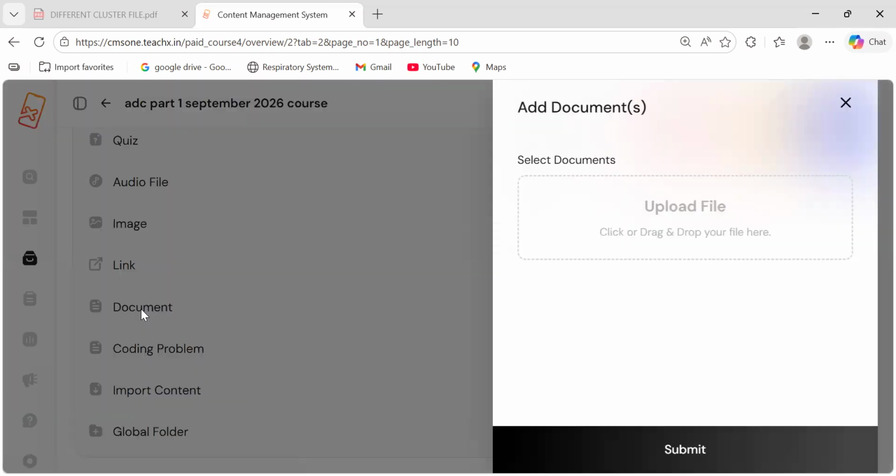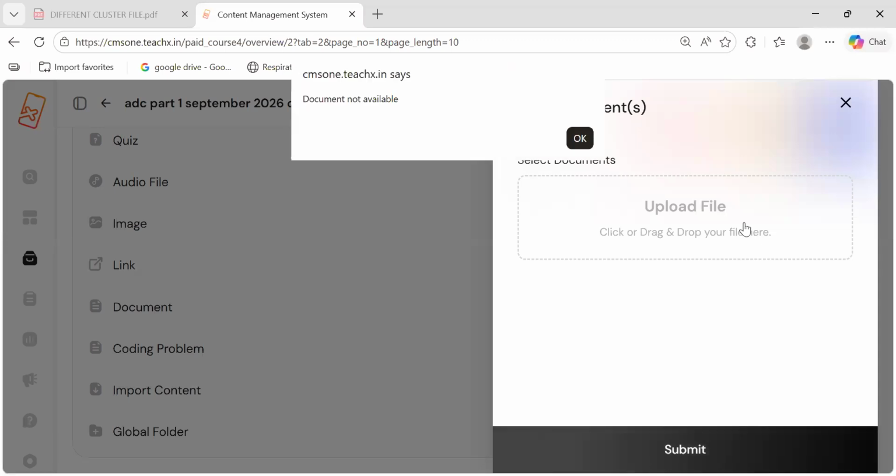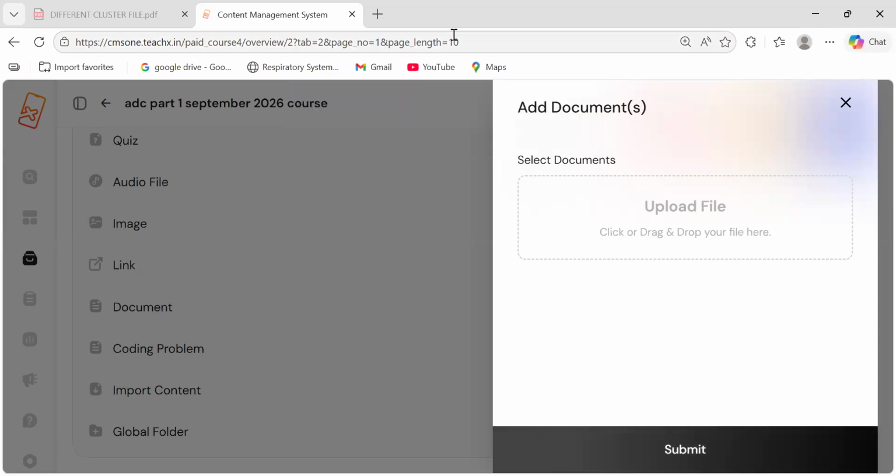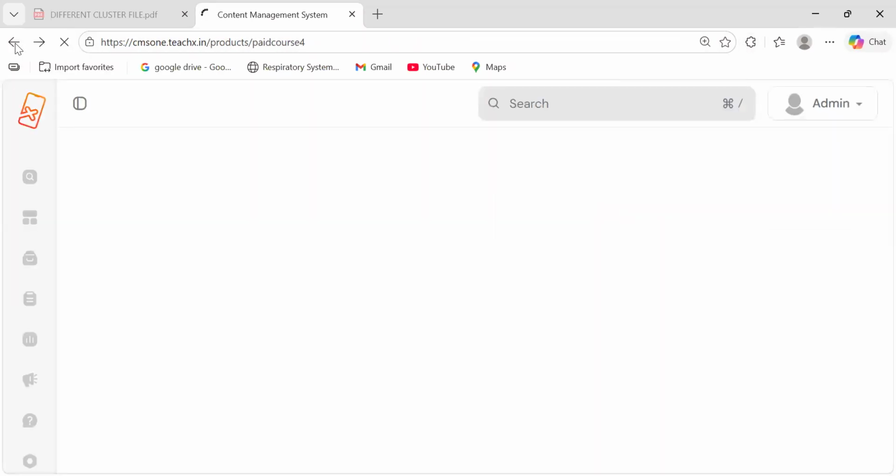And what are we going to go for now? I think my computer is stuck. I can't go back. Okay, we are going to go through the different question files for this particular cluster.